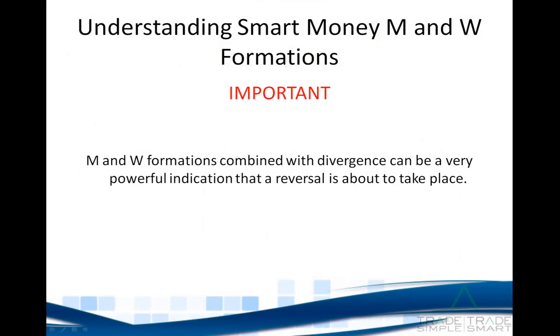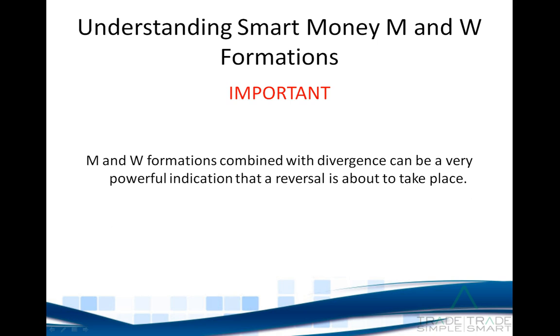Okay, so before we move on to our next section, just a quick point and a guideline to help you when working with M&W formations. Now, I don't recommend indicators. I very rarely use them myself, but when it comes to the interpretation and combining an indicator with the smart money trend and also the candlestick and the formations of manipulation that you will learn later on in this course, then divergence can become a very powerful tool in identifying potential reversals.